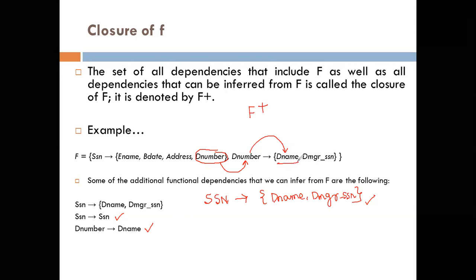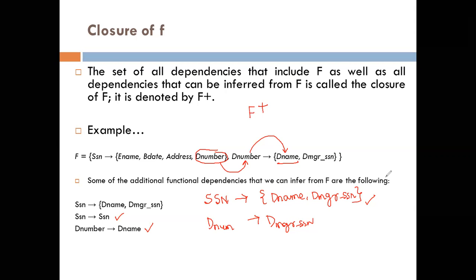All other things we can establish. So department number is determining the manager SSN. And here also SSN determining employee name, SSN determining birth date, SSN determining address. All those things we can infer.